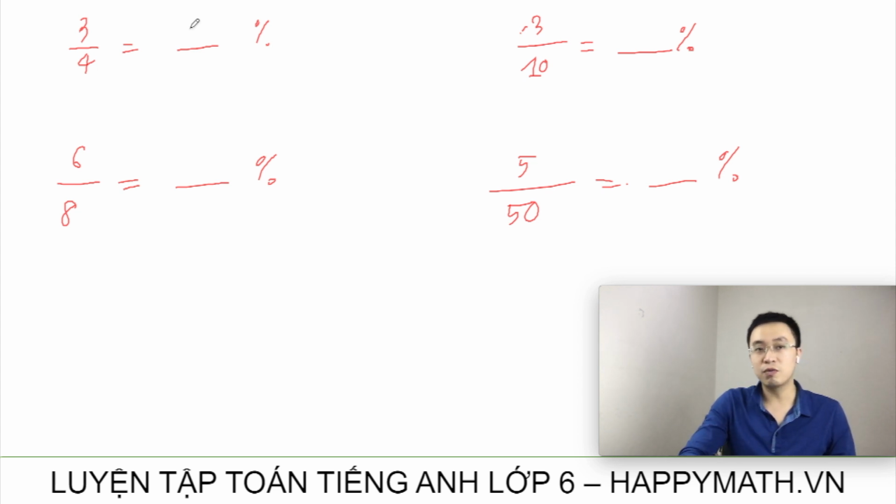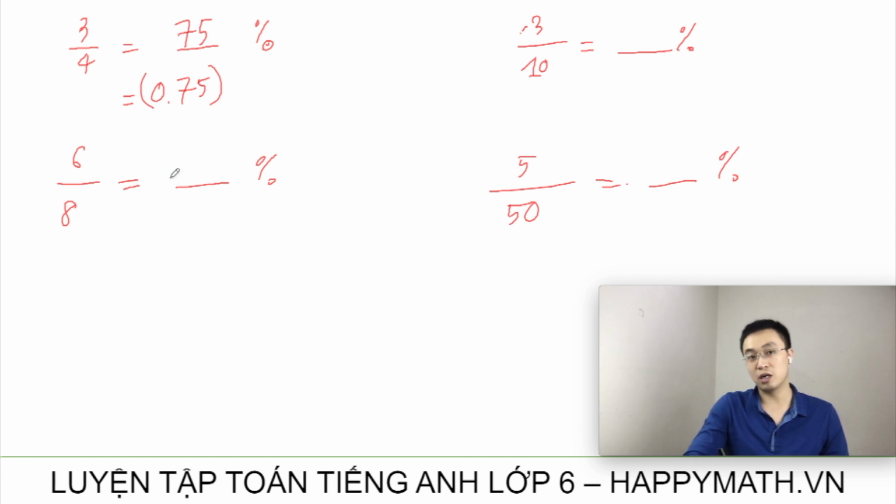Okay, 3 over 4 will become 75%, because 3 over 4 gives 0.75, and multiplied by 100%, you have the percentage here. So 6 over 8 has the same answer, 75%. 3 over 10 gives 0.3 in decimal form.